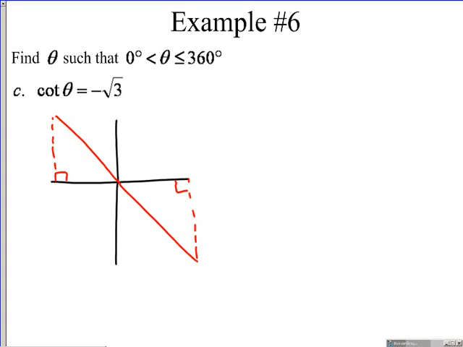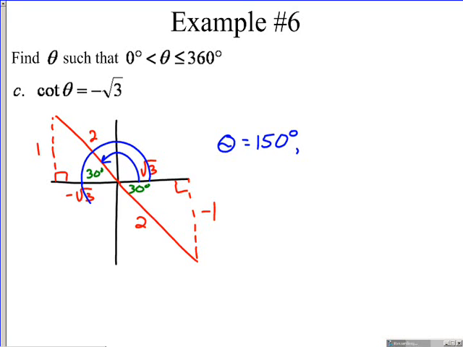Cotangent, being the reciprocal of tangent, is now adjacent over opposite. So if I go adjacent over opposite, you should recognize this triangle as being a 30-60-90 triangle. The reference angle in each one of these triangles has to be 30 degrees. So now to answer the bigger question, what is theta equal to? First rotation to go from our initial side to there is 150 degrees. Second rotation to go all the way to there is 30 degrees less than 360, so 330 degrees.